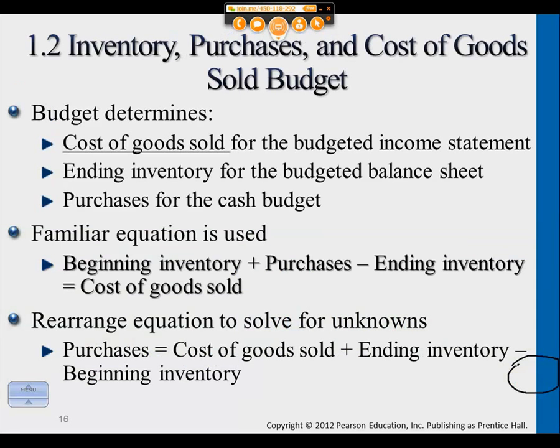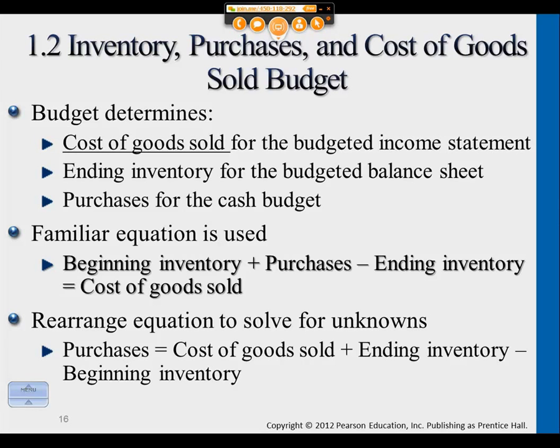So what's next? Next is the inventory purchases and cost of goods sold budget. The cornerstone was the sales budget. Now let's look at this one. This budget is mainly going to determine your cost of goods sold.